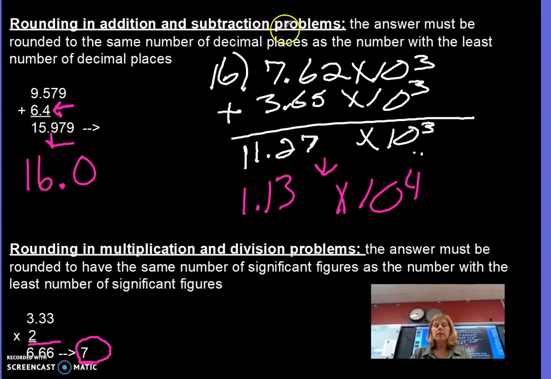Rounding for addition and subtraction, we care about places, whether it's in the tens, ones, hundreds, or tenths, hundredths, or thousandths. But you're always looking at that least accurate piece of data. Multiplication and division, total number of significant figures. Again, looking at what the significant figures are for that weakest piece of data.